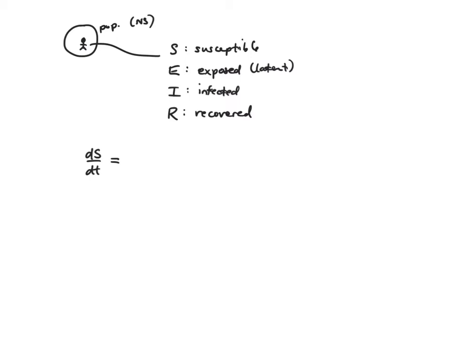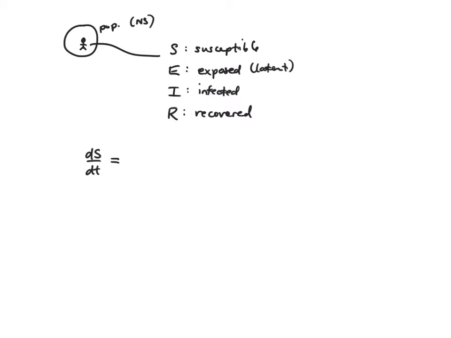And the way in which susceptible people change is through one mechanism. You can become exposed to the infection and thus move out of the susceptible category. There's no inflow into the susceptible population. So if you think of the compartmental analysis approach, we have rates in and rates out.